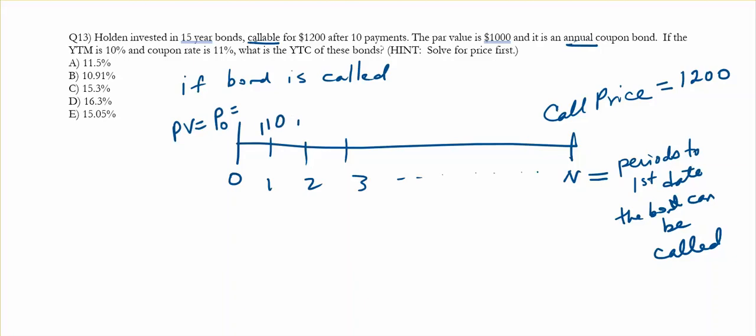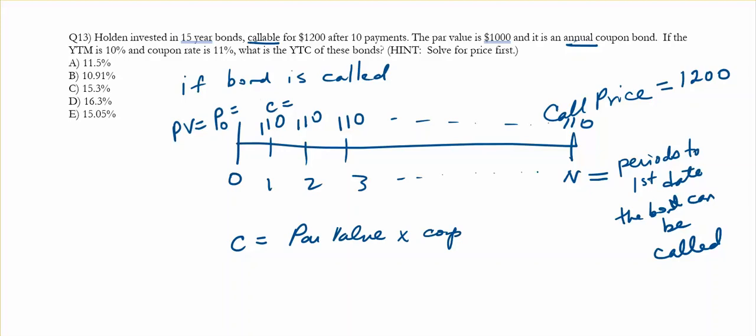So the coupon will be $110. Now let me just note, the coupon rate is still always the par value. So the coupon payment is always the par value times the coupon rate divided by the number of payments per year. Nothing has changed in that regard.